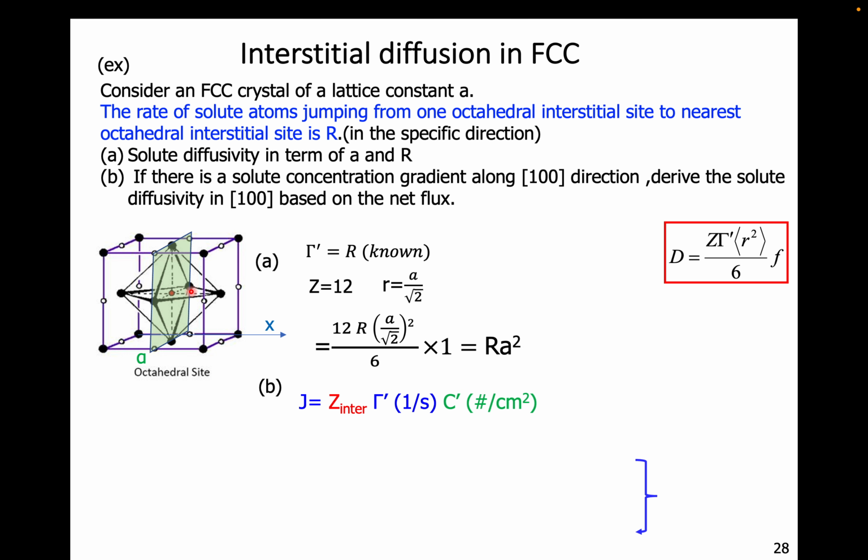Flux is gamma times the area density. So alpha plane, how many octahedral interstitial sites are there for possible jumping? So I got the 4 at the corner, so 4 times a quarter plus 1, so I got 2 here. And here, 1, 2, 3, 4. And this is on edge, so I have a half times 4, so also 2.